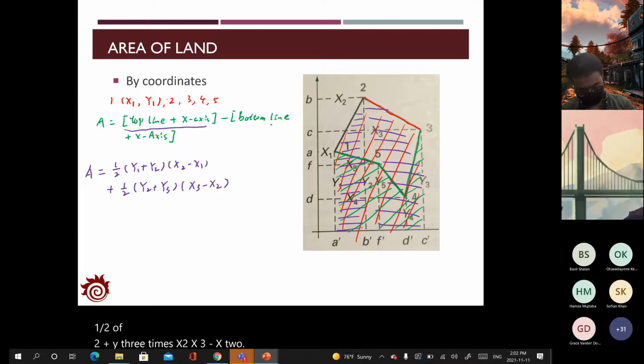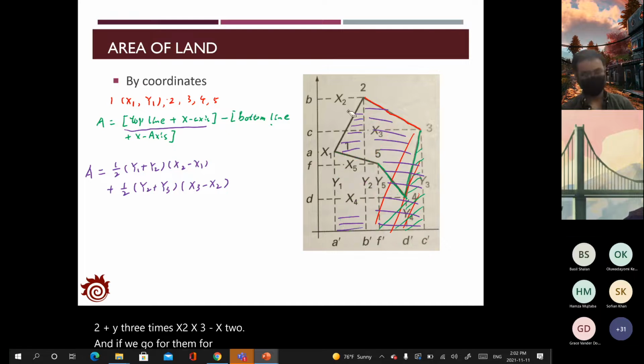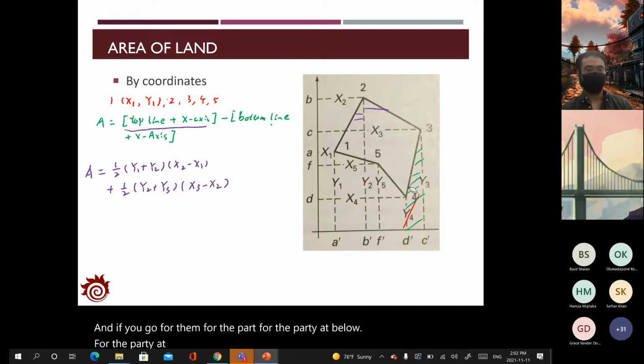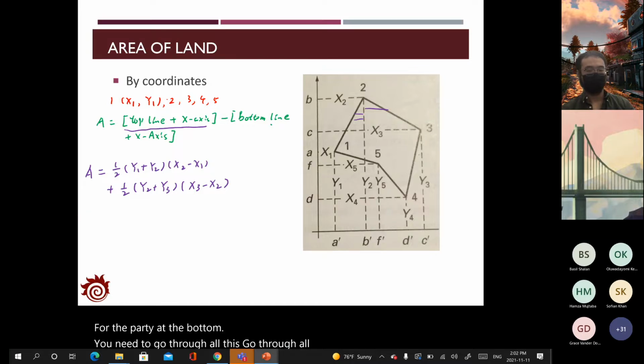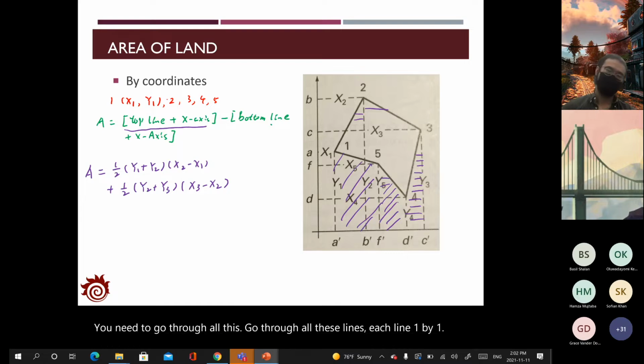And if we go for the part below, at the bottom, you need to go through all these lines, each line one by one, calculate all these areas, and with that you can find all the values.